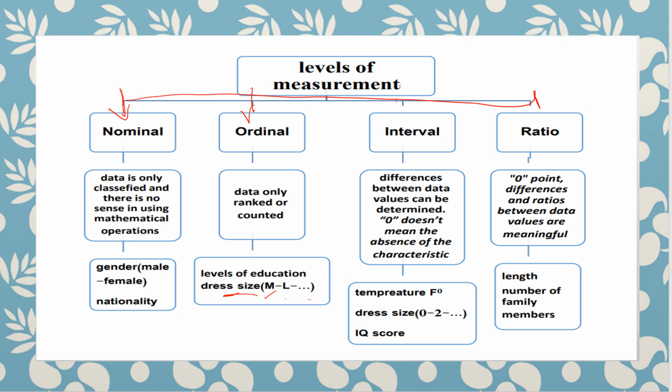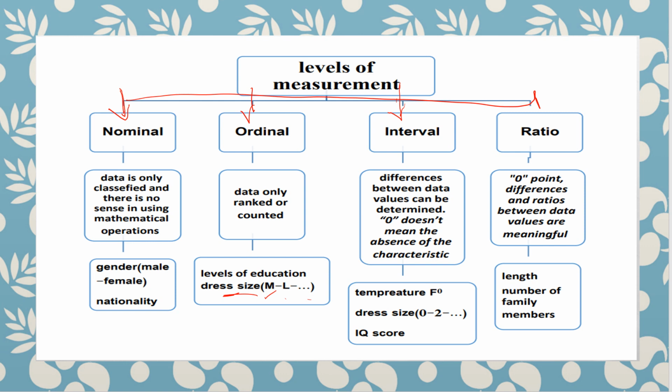The third level of measurement is the interval level. At this level the differences between data values can be determined, and 0 doesn't mean the absence of the characteristic, such as temperature. 0 doesn't mean there is no temperature, there is a temperature, and 0 means freezing. Also, dress size 0: it doesn't mean there is no dress, but it is for infants or newborn children.